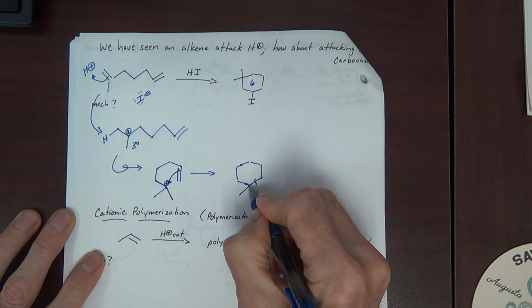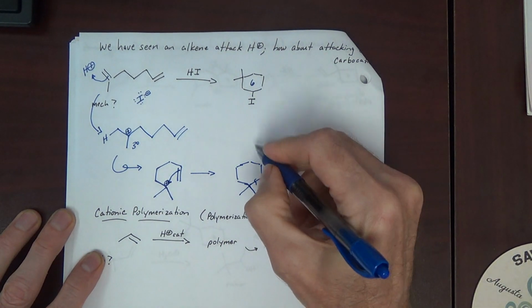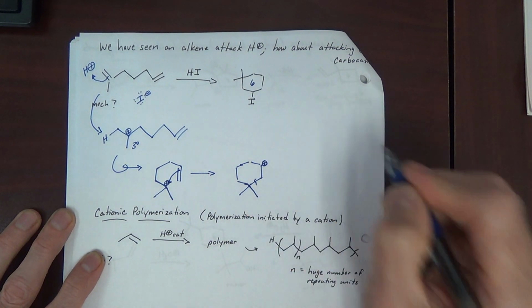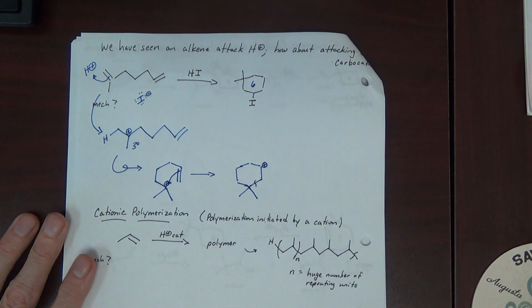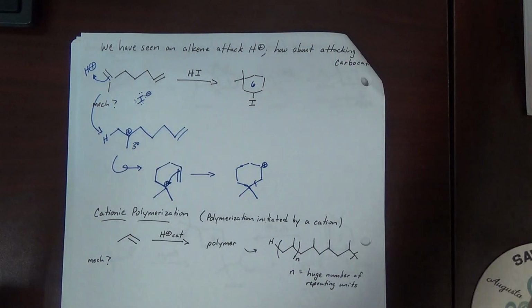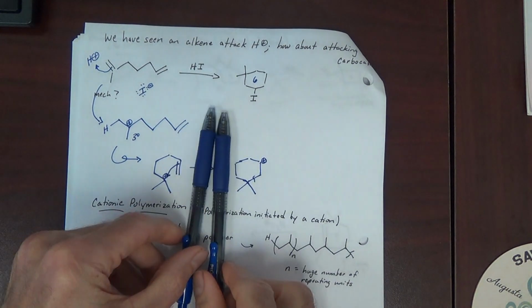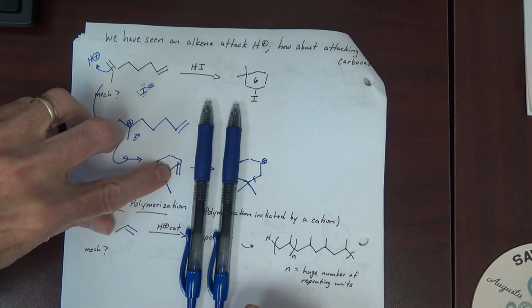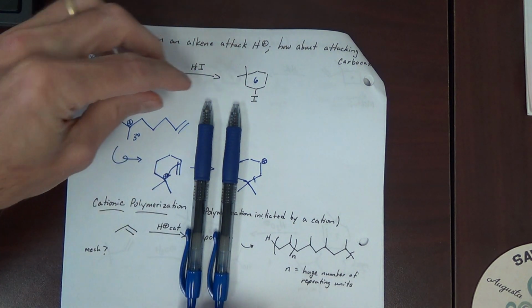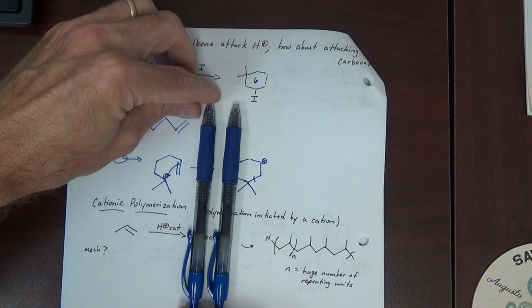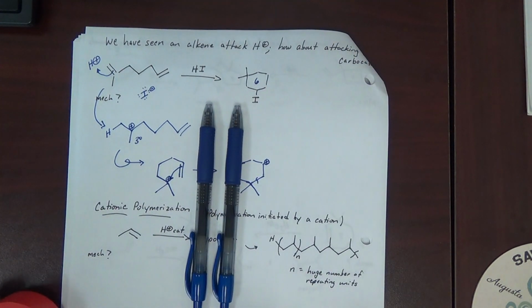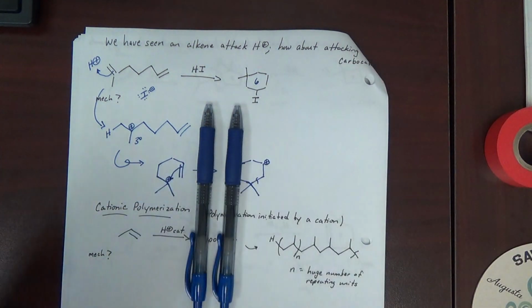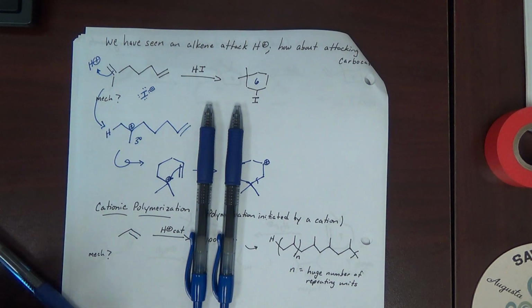The carbon has two methyls, and now this carbon is positive. You got the pi bond there. The pi bond swings down. Here's the carbocation down here. It's bonded here and it's got two methyls.